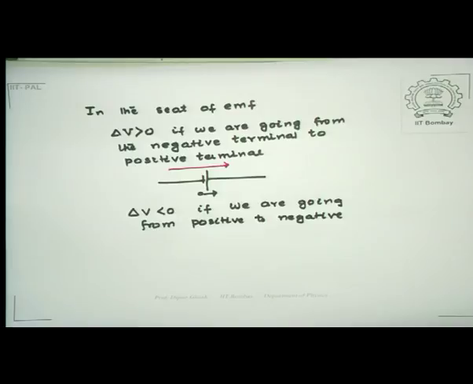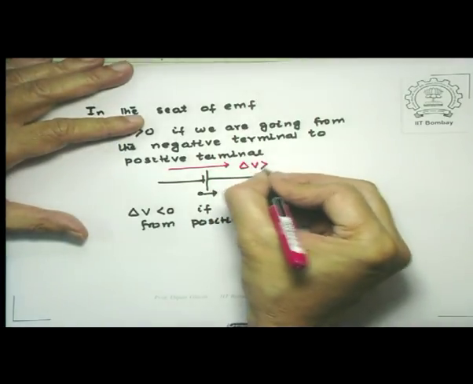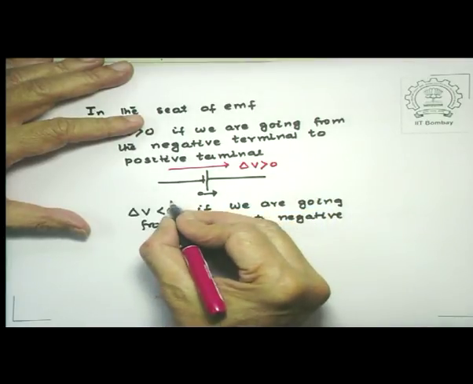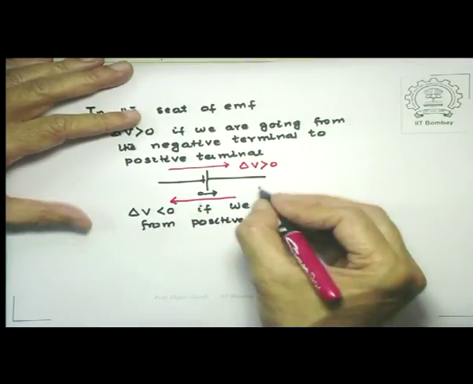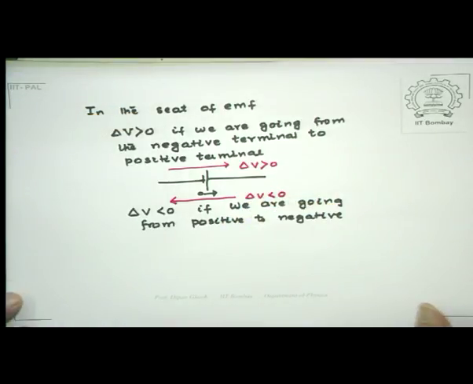So let me put it in the same picture. So this is greater than 0. If on the other hand we are describing it like this, then this delta V is less than 0. Now you do not have to know a priori the direction in which the current is flowing.